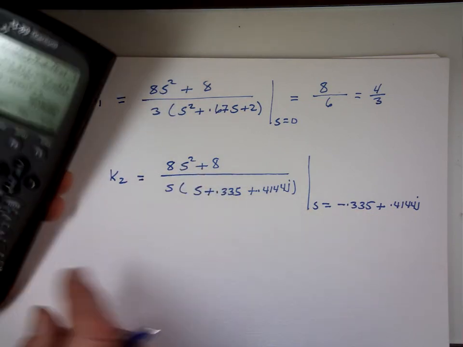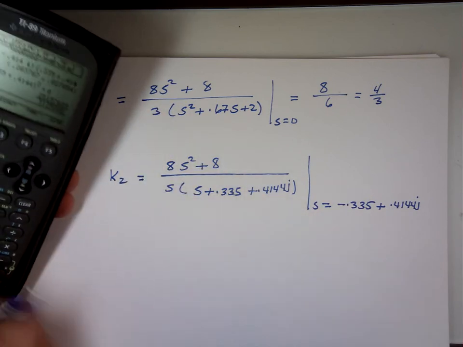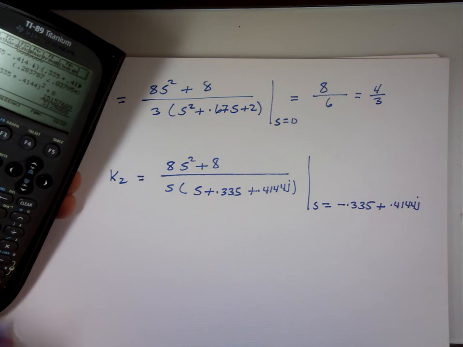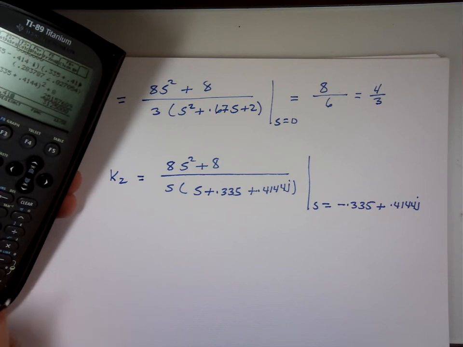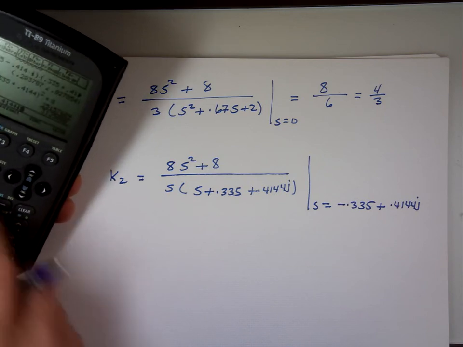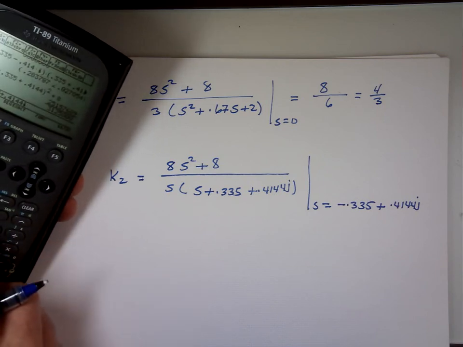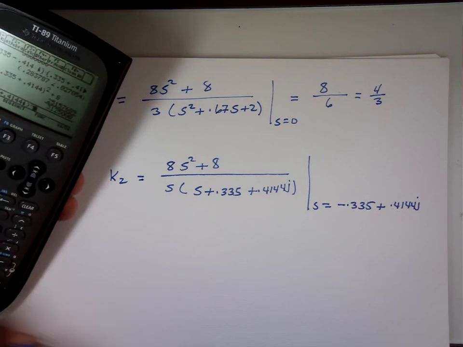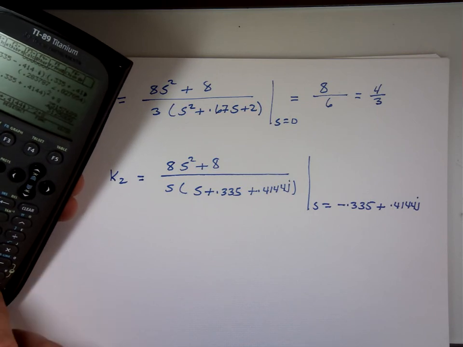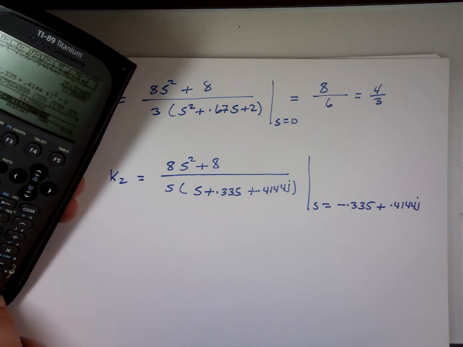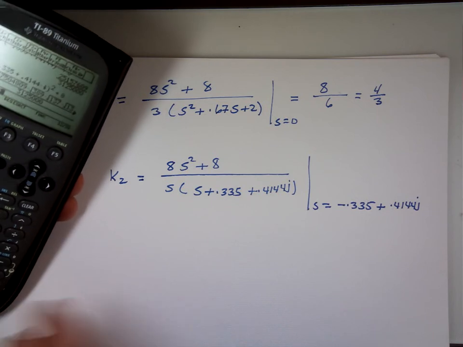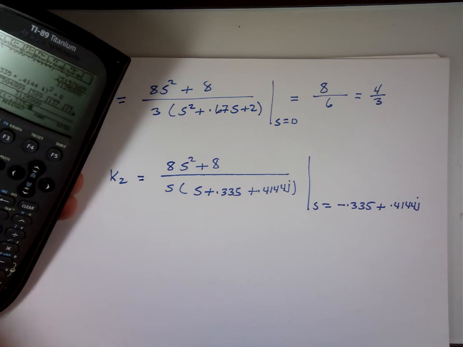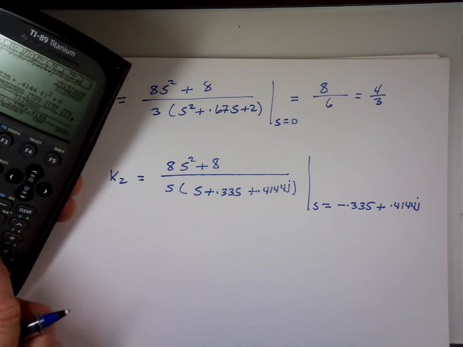8 times 0.335 plus 0.4144I. I keep hitting that green button instead of the blue one. Square it. Plus the 8. I'm getting a headache just typing these numbers. Take that answer, divide it by parentheses, negative 0.335 plus 0.4144I, times another parentheses.